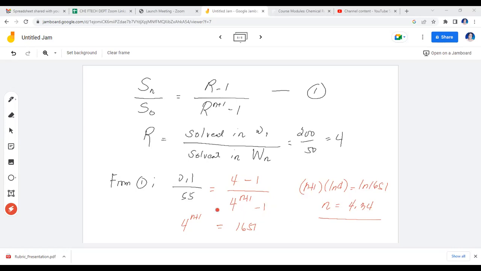This entire expression you transfer here on the left. This is 3 times 55 divided by 0.1. That would be 1,650. This minus 1 that you have transferred here should be added here. So that's 1,651. And then the rest is ln. You intend to determine a variable in the exponent of a number, so you take ln of both sides.